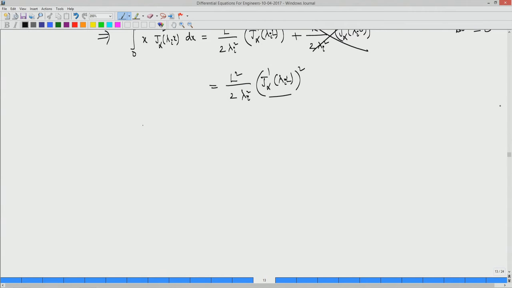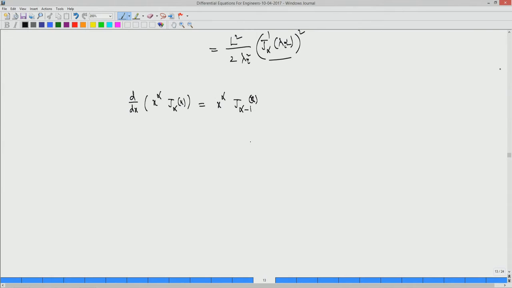The recurrence relation is d/dx of x power alpha J_alpha of x equal to x power alpha J_(alpha minus 1) of x. So, let us choose this one. If you expand this, x power alpha J_alpha' of x plus alpha times x power alpha minus 1 J_alpha of x, that is the derivative, the left hand part I have written.